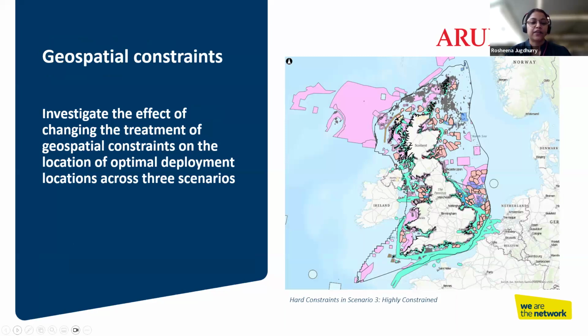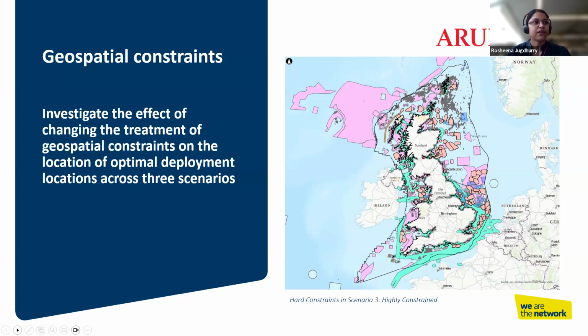Areas of the seabed that overlap with the hard constraints are completely excluded from the analysis, whereas for areas that overlap with soft constraints, cells with lowest LCOH are prioritized. The image on the right shows the hard constraints in the highly constrained scenario, which depicts an upper bound case where most of the constraints are treated as hard, and therefore we've got less seabed available for offshore deployment.